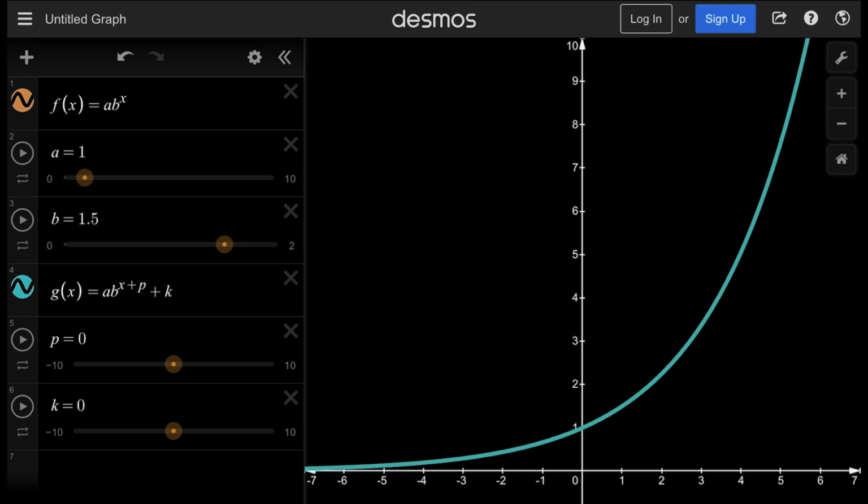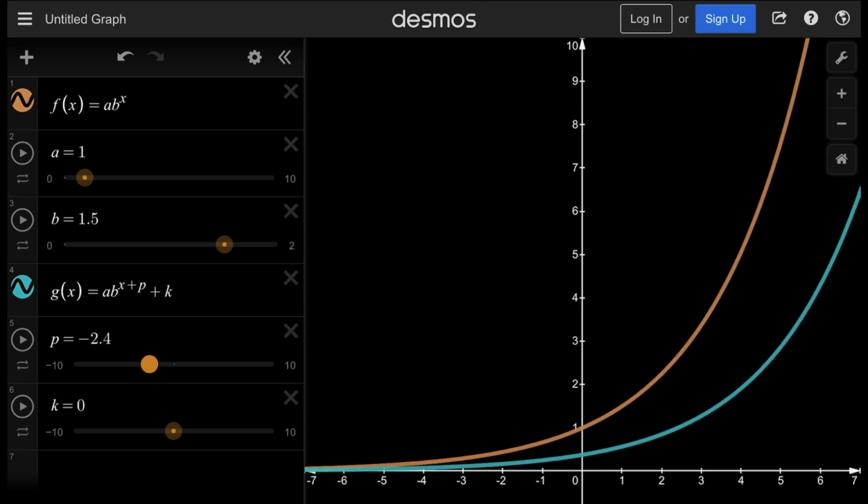But now as I increase p's value, notice that this blue graph is going to shift to the left. As I increase p's value, the blue graph goes to the left, and as I decrease p's value, the blue graph goes to the right of our original function. Notice the orange one is the original.